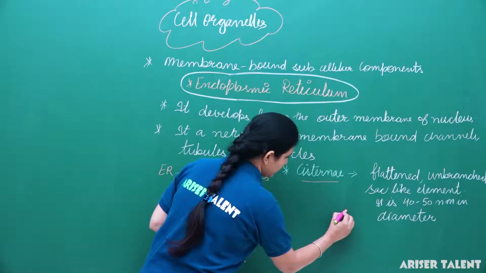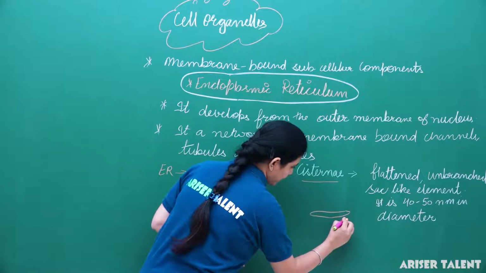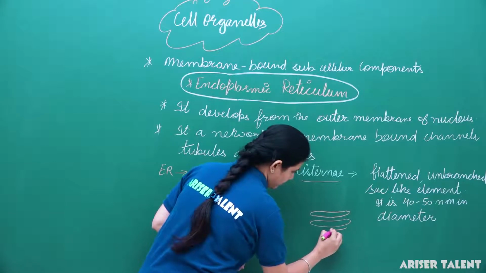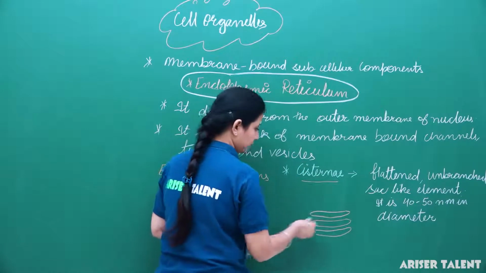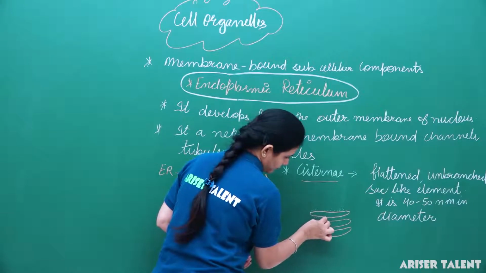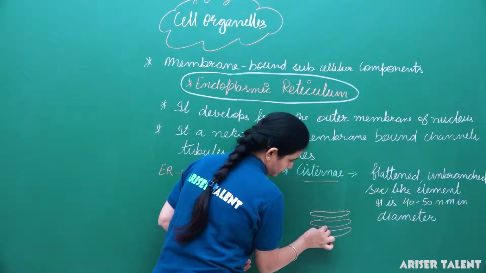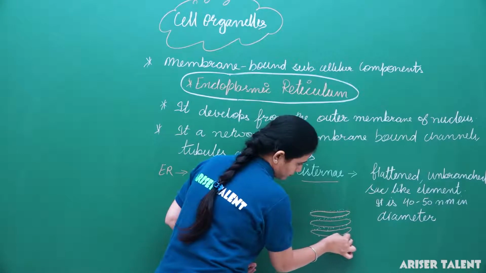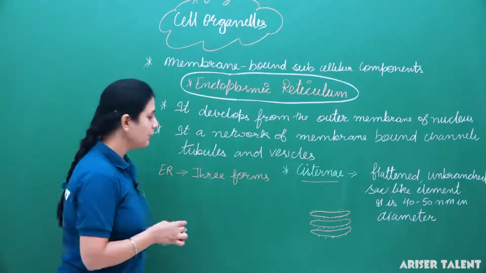Here we can see these are the flattened sac-like structures. These are cisternae. So this is one form of endoplasmic reticulum.